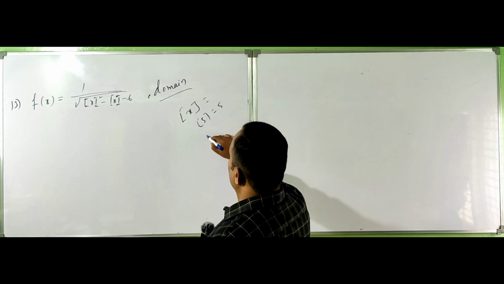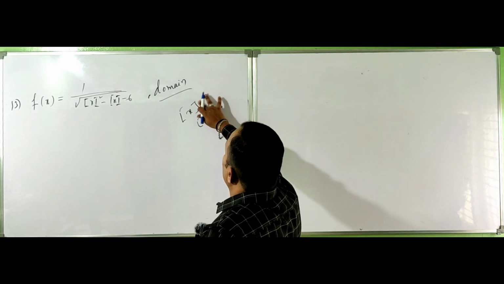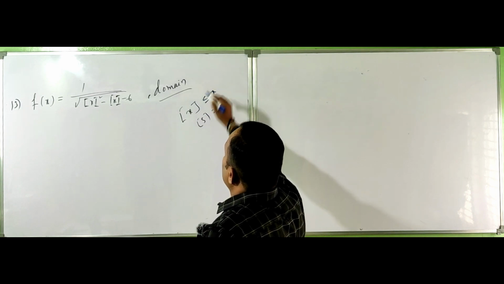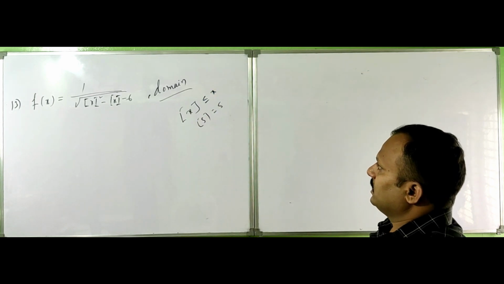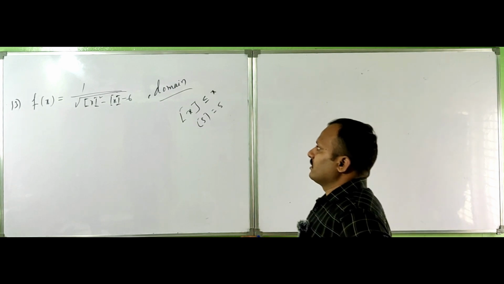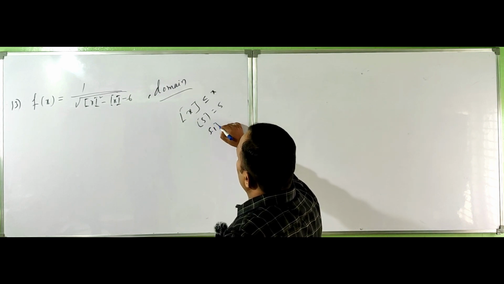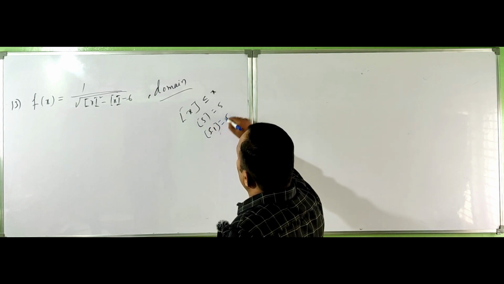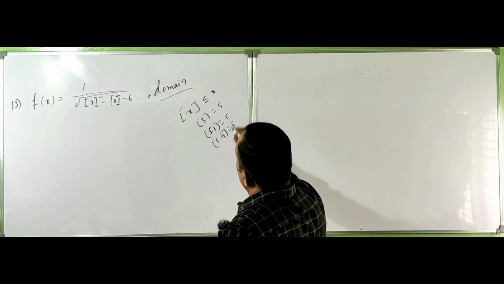It is less than or equal to x. The value is the greatest integer which is less than or equal to x. So 5.1 is 5, and 5.9 is also equal to 5.